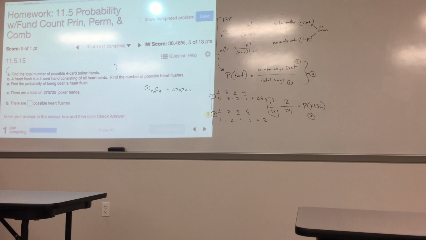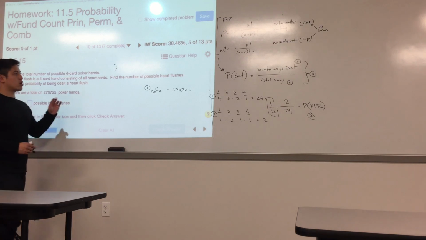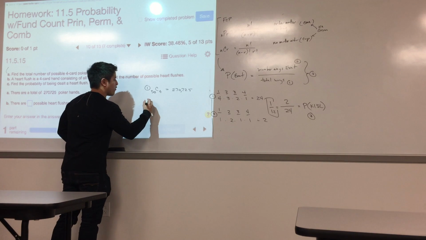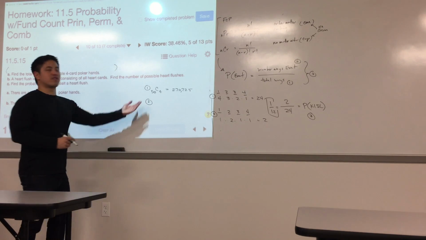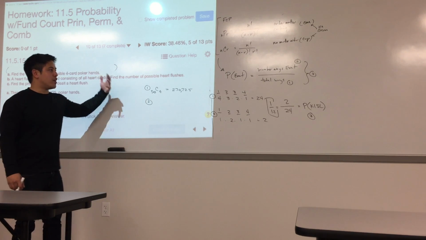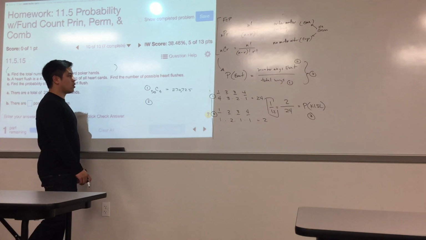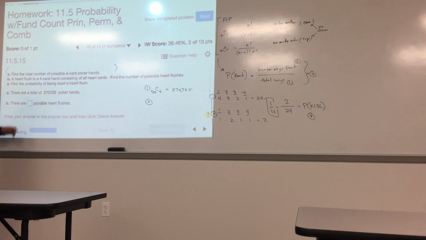Okay? Part B. A heart flush is a 4-card hand consisting of all heart cards. Find the number of possible heart flushes. Sure enough, they're setting up step 2, aren't they? The number of ways to get a heart flush. What do you first have to know?